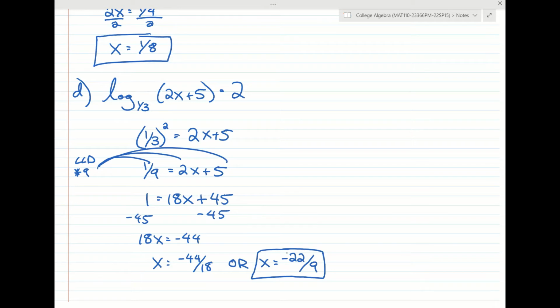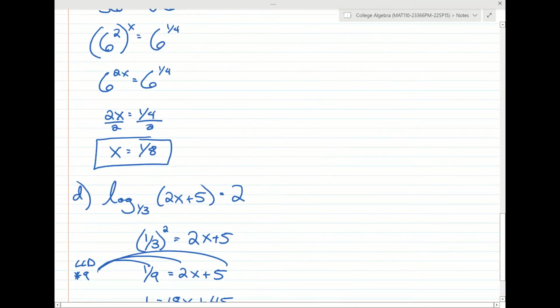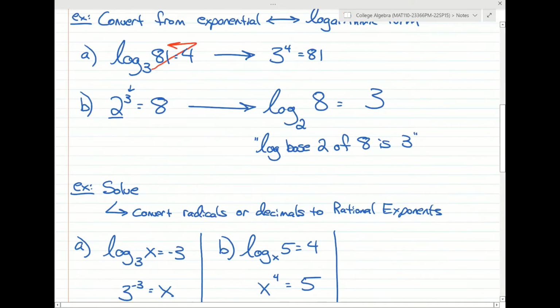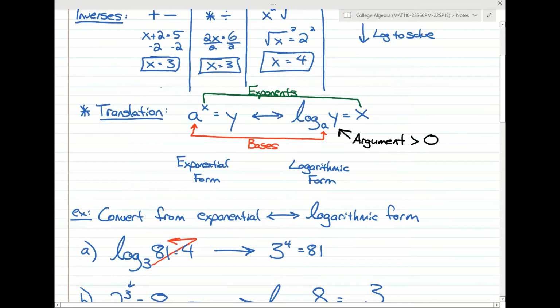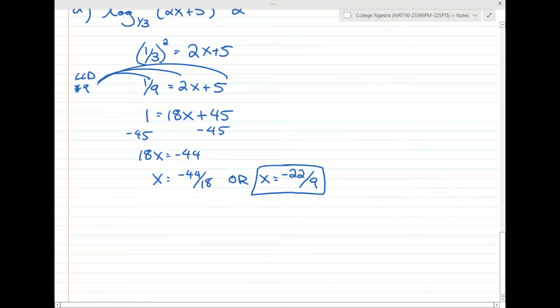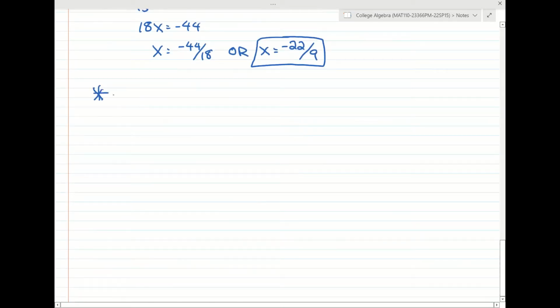Using the translation property. One other property I'd like to add. So we talked about the translation property over here. One other property to talk about is called the inverse property. So the inverse property of logs just says if you have the same base of a log and the same base of an exponential, those bases cancel, and you just get whatever's left over.